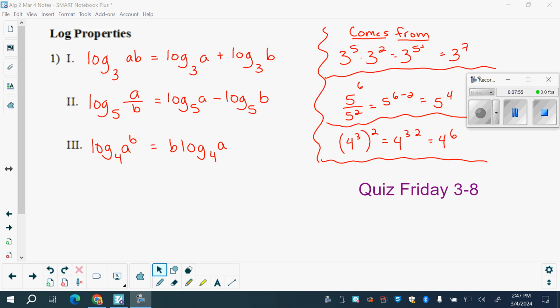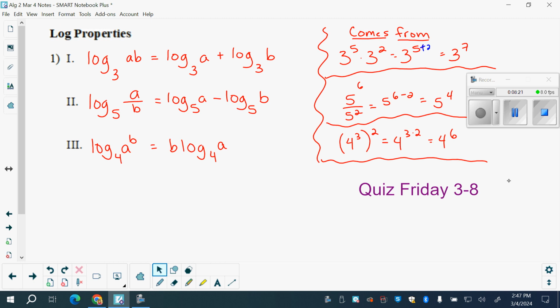We add the 5 plus 2, which gives us the 7 there. So we change this to addition because, if you remember, when you change it to exponential form, this represents the exponent. We have an exponent and an exponent. So we're adding exponents.